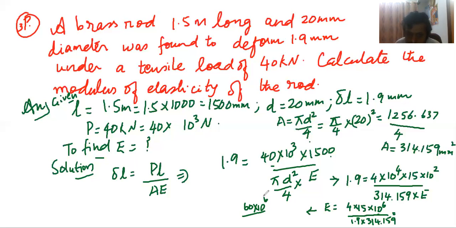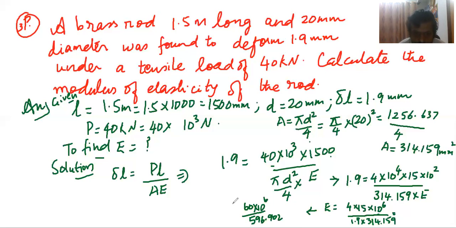Denominator will be 596.902. So that will be 60 into 10 power 6 upon 596.902, which will be 100.5 into 10 power 3 Newton per mm square.